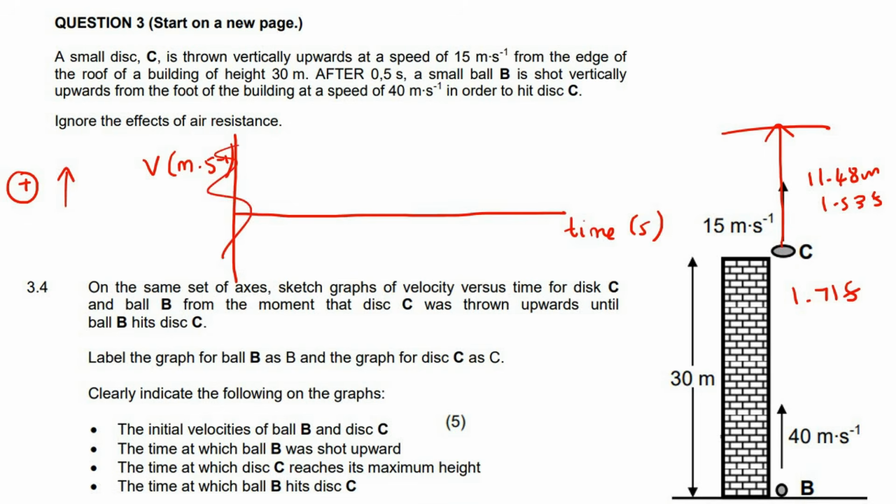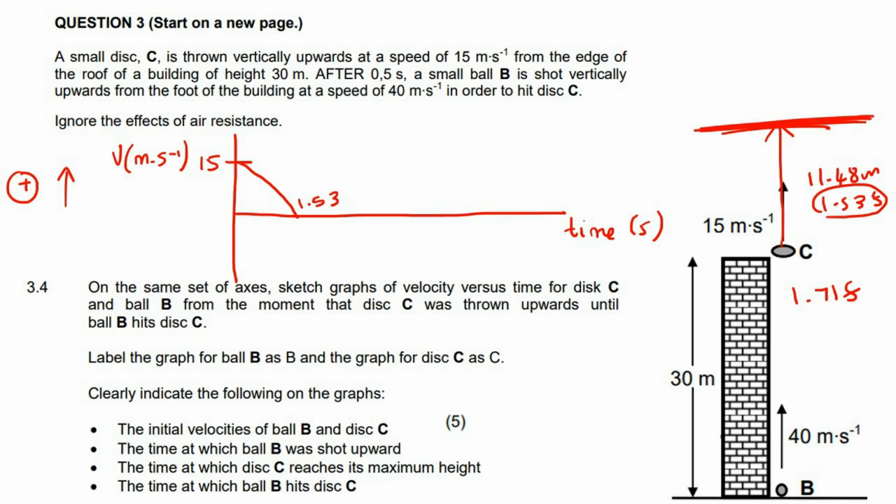Okay, guys, now check this out. In the very beginning, what was the velocity of C? It was 15. So you go to the y-axis and go to 15. Now as soon as C starts going up, is it going to become slower or faster? It's going to start slowing down until it reaches a velocity of 0, which is over here. At that point, it would be at its maximum height, which we knew was at 1.53 seconds. Let's fill that in.